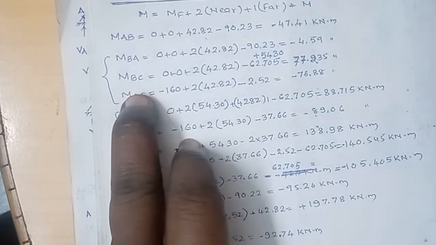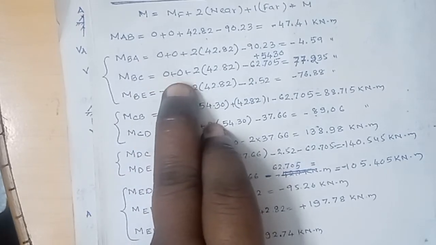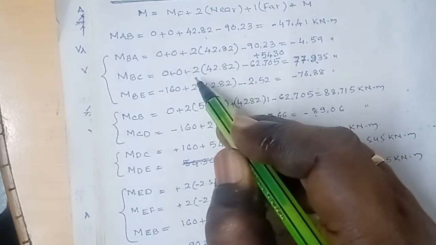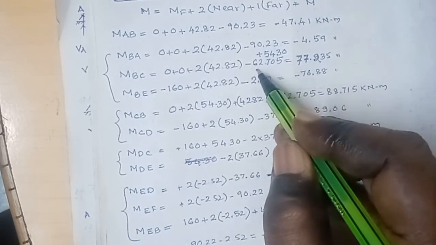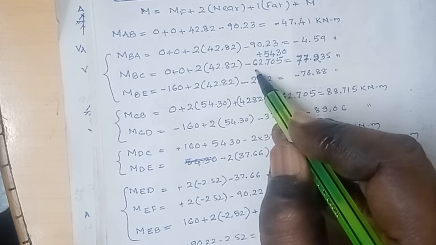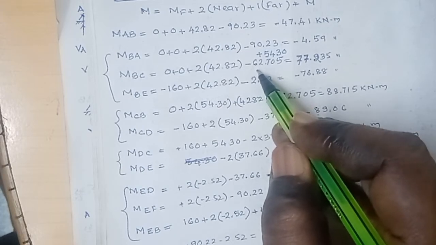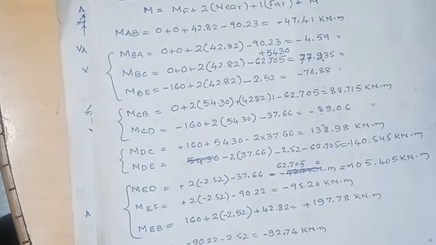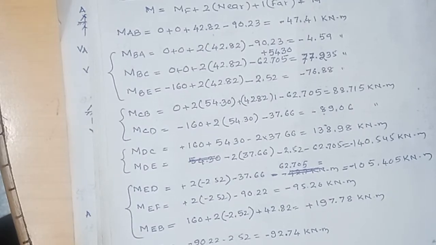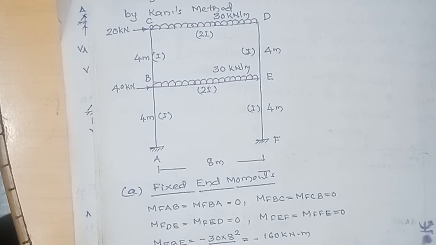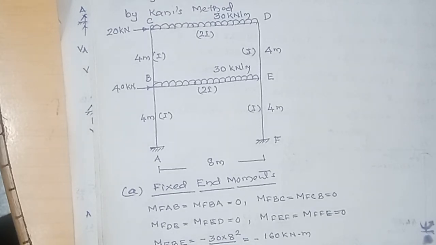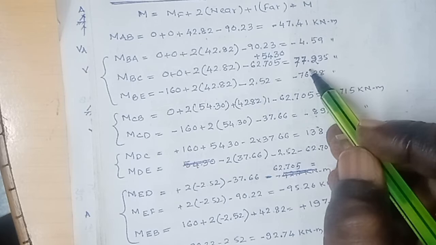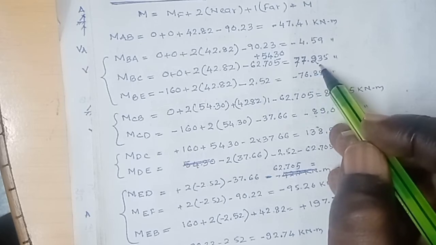Then MBC, for the vertical member, the fixed end moment is 0, near end contribution is 2 into 42.82, 1 times far end contribution is 0, the displacement contribution from the vertical column is minus 62.705, then that equals 77.235.